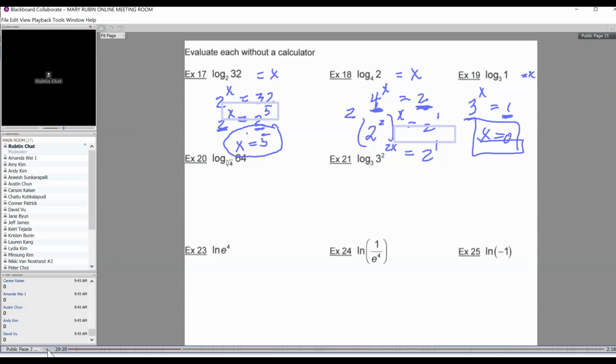Okay. So take a look at this first one. I'm talking about example 20. Don't worry about that weirdo 7th root. You would say, all right, the 7th root of 4 to the x. That was stupid, I meant to write x.